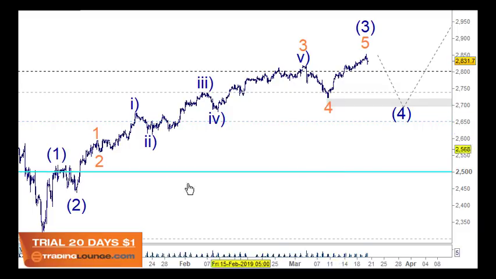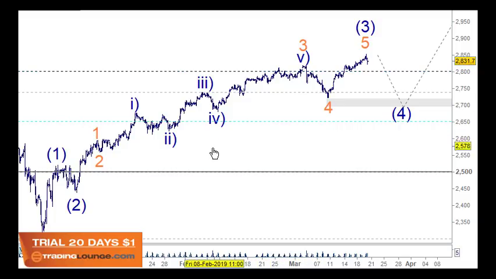Okay, so this one here is wave 1 and 2 here, and then 1 and 2, and from wave 2 here all the way up for 3 here for this one, with wave 1 and 2 here. Like I said, that one can actually go here, 3 and 4 and 5 here.